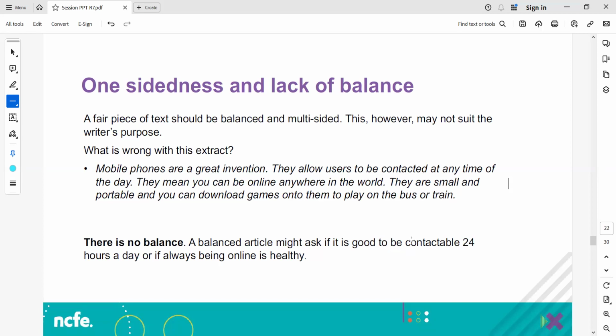For children, there may be medical evidence that shows that it's unhealthy for them to have access to electronic games 24 hours a day, and so on. So there's no balance. So it's biased rather than being a balanced piece of text.